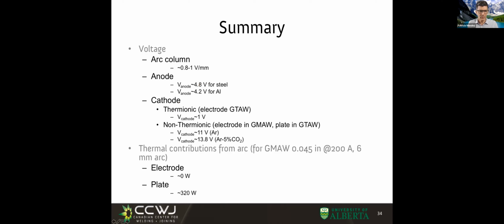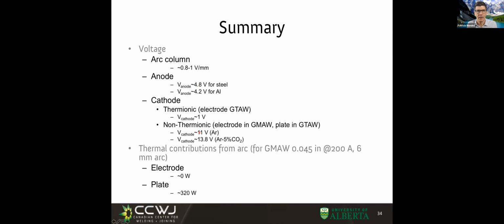Cathode. If I'm in TIG, the tungsten sees more or less 1 volt. I'm not too sure how exact it is, but it is more or less like this, and the numbers are fairly reasonable. Because in thermionic emission, the voltage drop is relatively little.